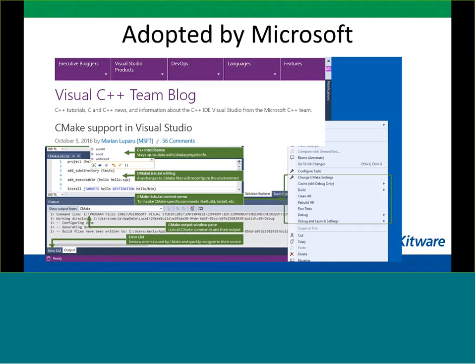I figured at some point they were going to come try to sue us for reverse engineering their Visual Studio files, or at least have us committed to a mental institution for reverse engineering them. But instead, they've adopted it, and CMake actually ships with the latest version of Visual Studio, and they're working with us to further that integration.